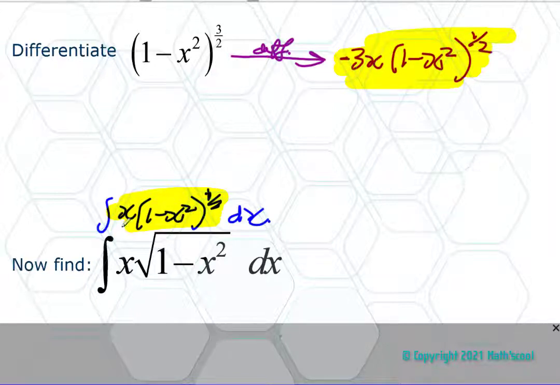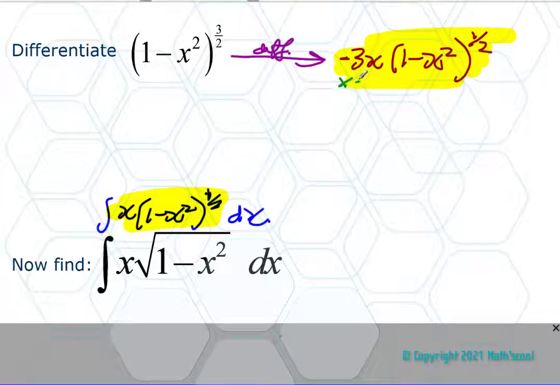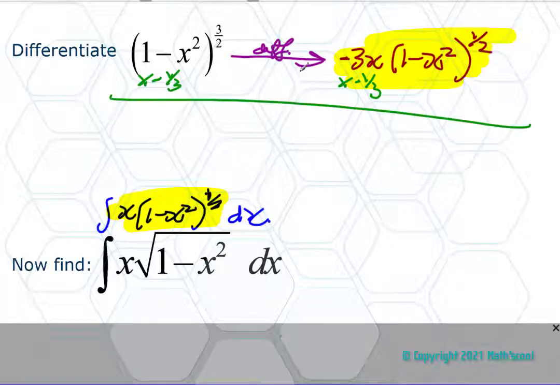So I'm going to times both sides of this rule that I've worked out by minus a third. So times minus a third, times minus a third. And I'm going to reverse the arrow. I'm not going to look at differentiating, because I'm not starting from this side and differentiating; I'm starting from this side and integrating and going to the other side.